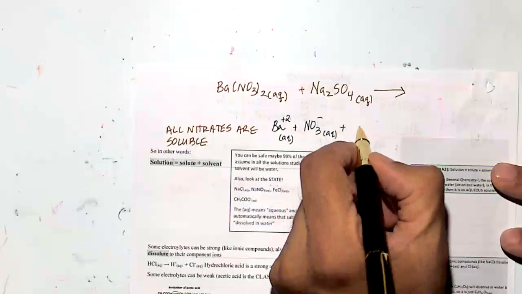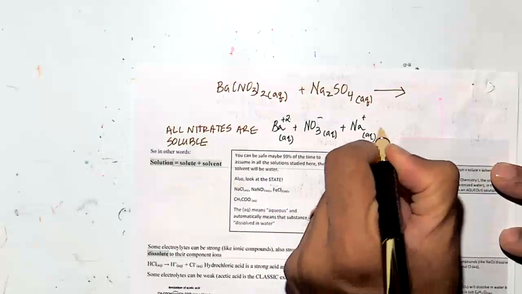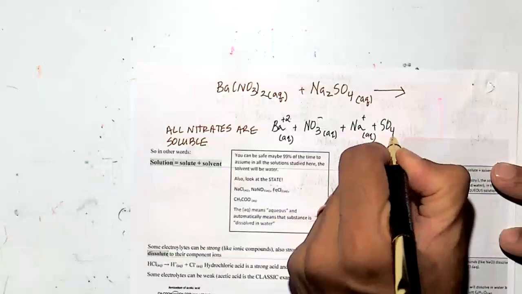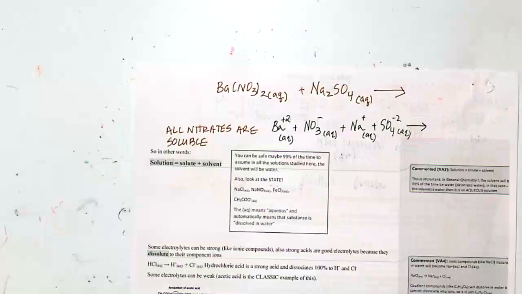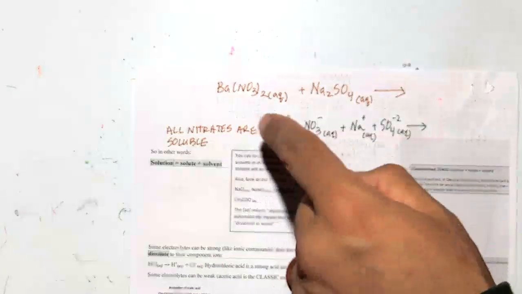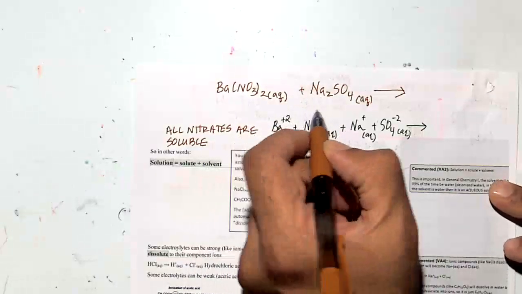Sodium sulfate, it's in water, it goes down to its ions. Ionic compounds do this. So now you have barium ion and nitrate ion, sodium ion and sulfate ion. The ions will mix, pluses will interact with the minuses.